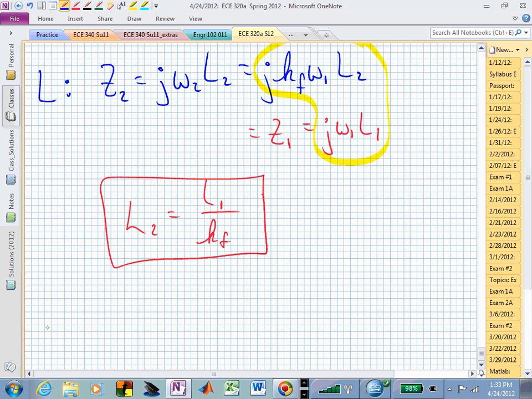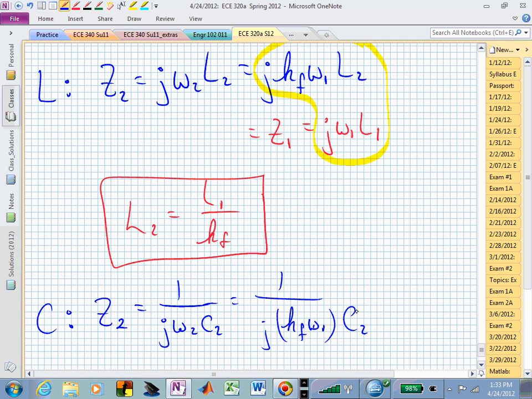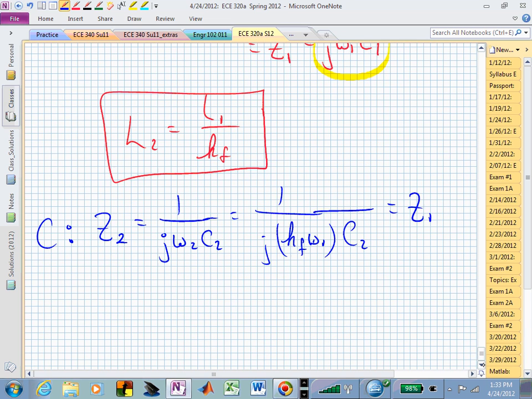Now let's look at the capacitor. Doing the same process, this is now J omega sub 2 C2, but omega sub 2 was just K sub F omega sub 1, but we want that to equal Z1, but Z1 is 1 over J omega 1 C1.